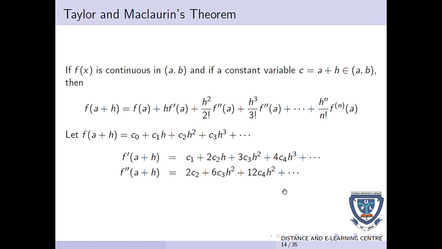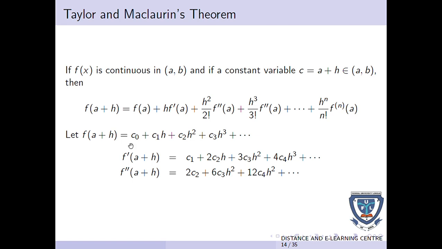If f of x is continuous in an interval ab, and if a constant variable c also lies in that interval ab, then f of a plus h will be equal to f of a plus h f prime a, plus h squared over 2 factorial f prime prime a, plus h raised to power 3 over 3 factorial f prime prime prime a, plus dot dot dot plus h raised to power n over n factorial f raised to power n a.